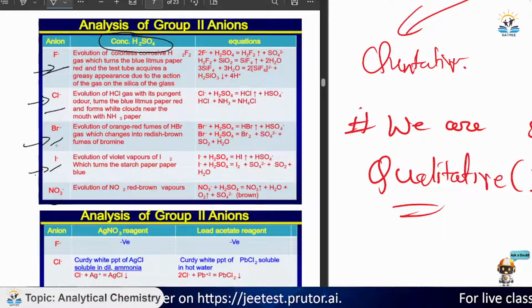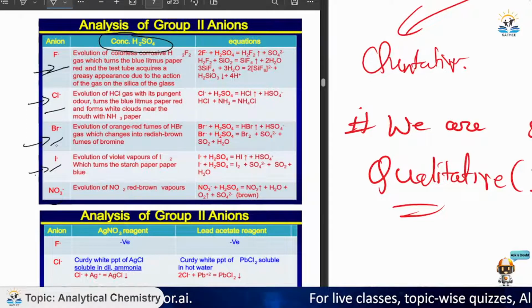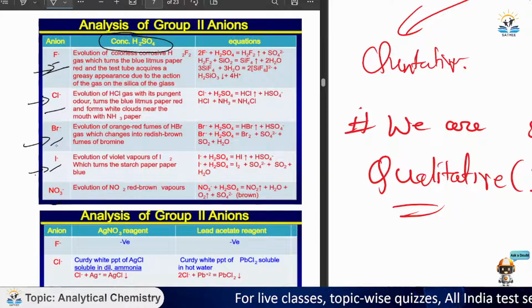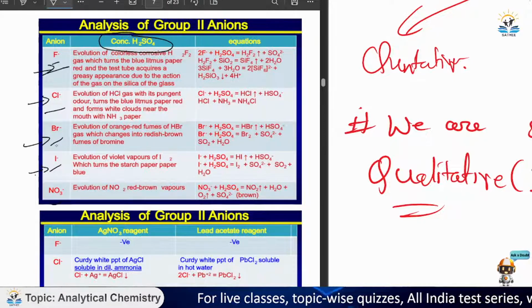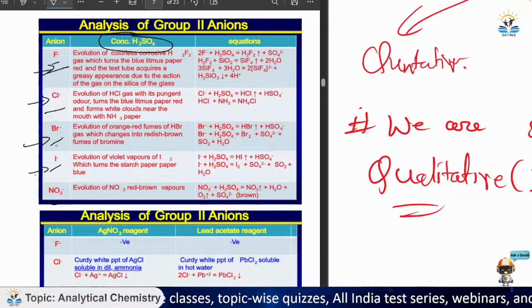It turns blue litmus paper red, so we can check the presence of fluoride using litmus paper too. The test tube also acquires a greasy appearance due to the action of the gas on the silica of the glass.